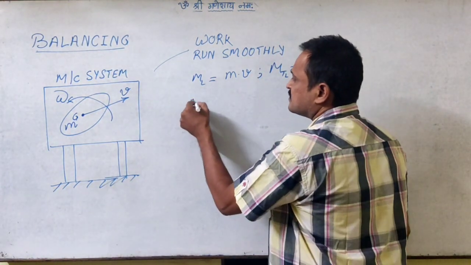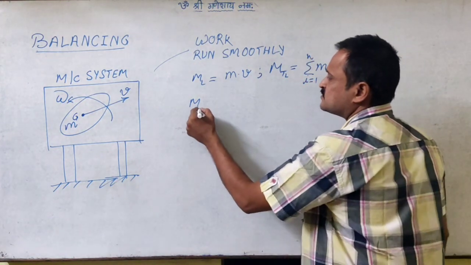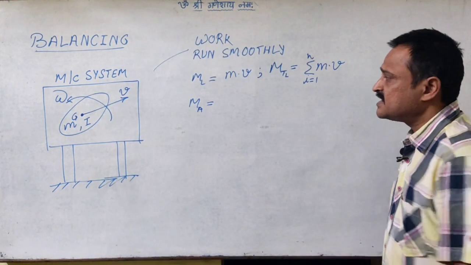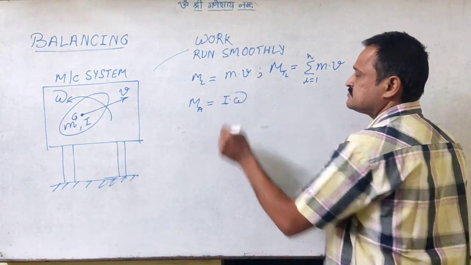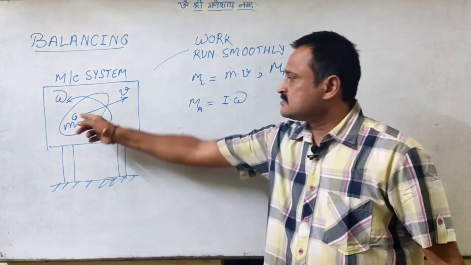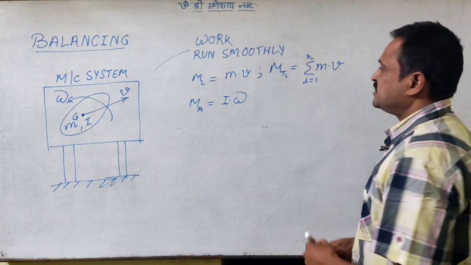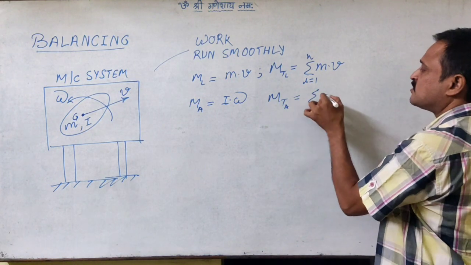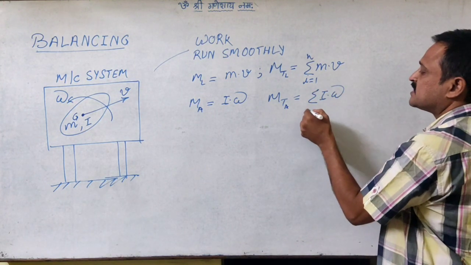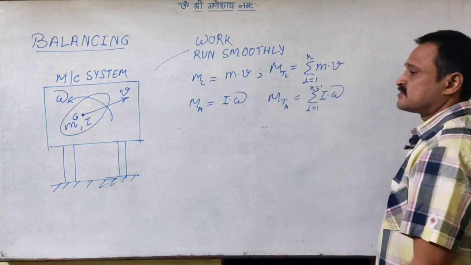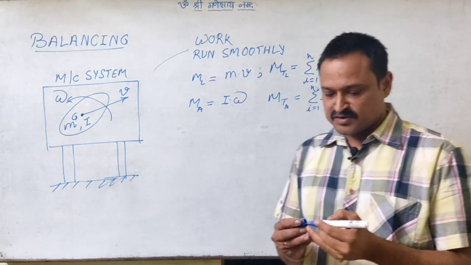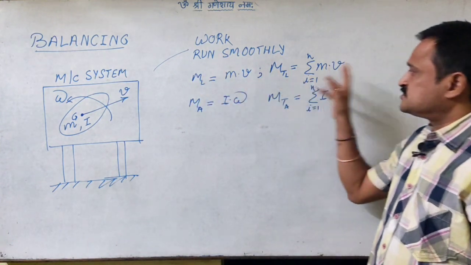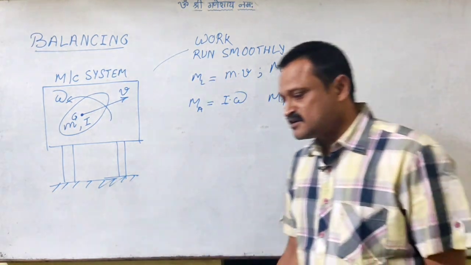Another thing will be when it has an angular velocity, it will have some angular momentum, which will be I, where I is the mass moment of inertia at the center of mass, into omega, and similarly this total angular momentum will be the sum of I into omega for n components.